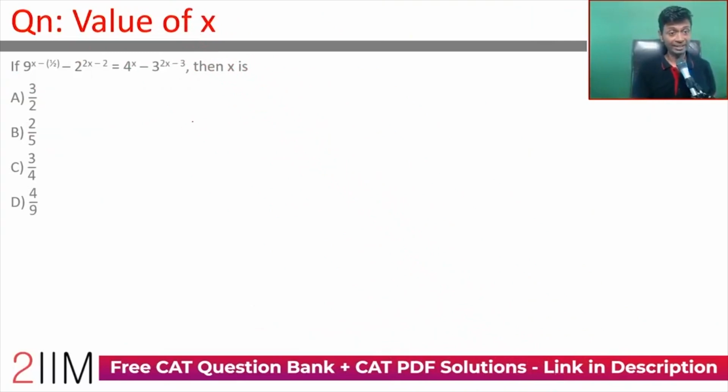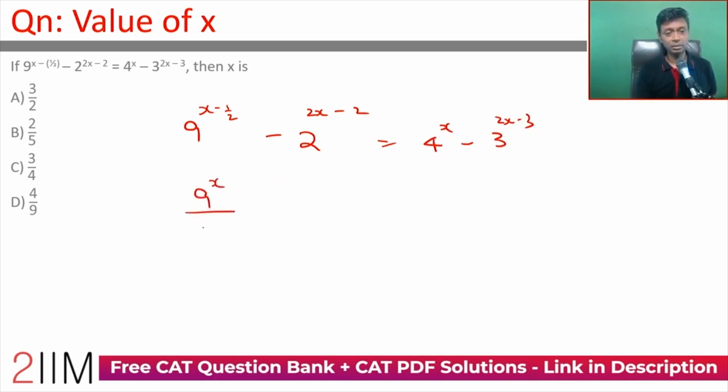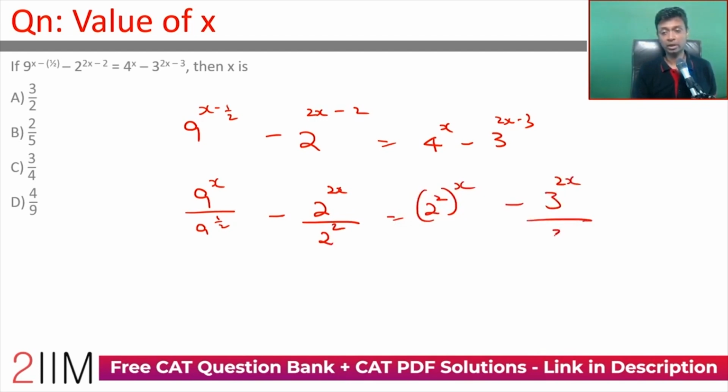Super. We want to find x: 9 power x minus half minus 2 power 2x minus 2 equals 4 power x minus 3 power 2x minus 3. 9 power x minus half is 9 power x by 9 power half, minus 2 power 2x by 2 square, equals 2 square whole power x minus 3 power 2x by 3 cube.